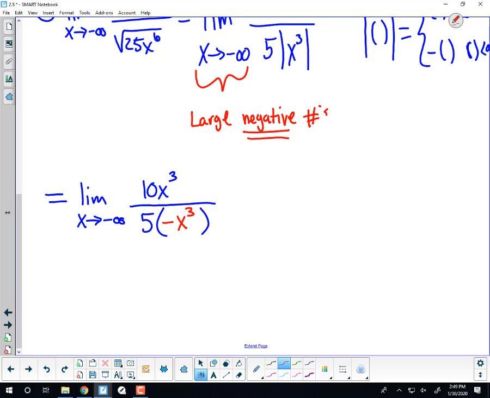Absolute value of x cubed for large negative numbers is negative x cubed. So what's that limit? -2, right? The x cubed cancels out. We have 10 over -5, which is -2.